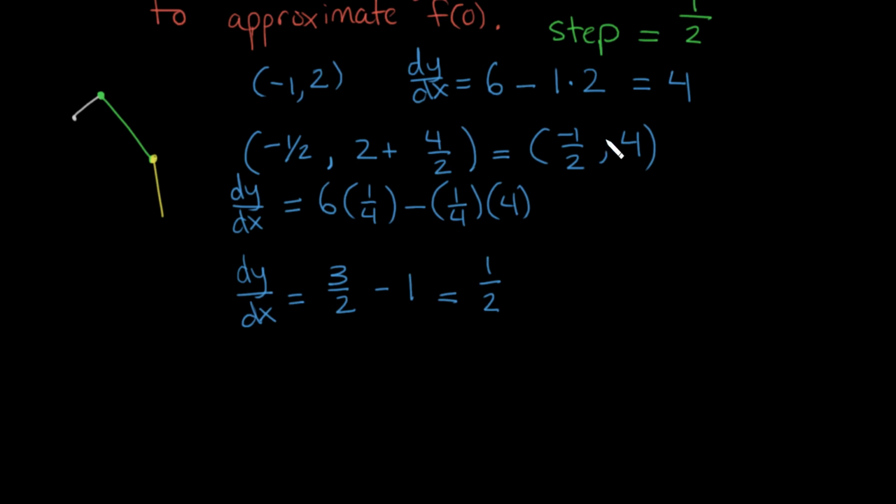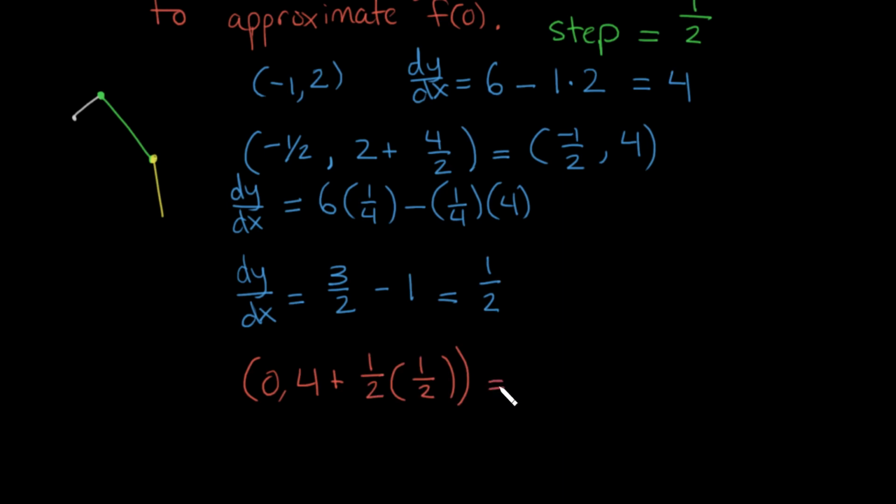So we have, again, negative 1/2 plus 1/2 to go forward on the x by 1/2. That puts us at an x position of 0. And of course, it's the y position where things are going to get interesting. So we have the 4 from where we were before, plus a step size of 1/2 times the slope. Well, the slope in this case is also 1/2.